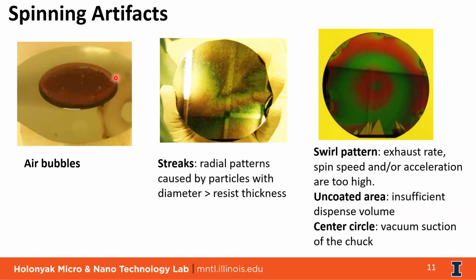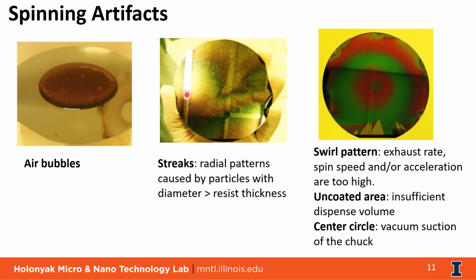In the first image, you can see that as you dispense the photoresist onto the wafer, you must make sure you do not have any air bubbles in it. This happens mainly because you have a faulty pipette or dispenser, or you did not close your photoresist bottle properly, which can accumulate nitrogen air bubbles over a long period of time. So when you dispense the photoresist, make sure you do not have any air bubbles in it.